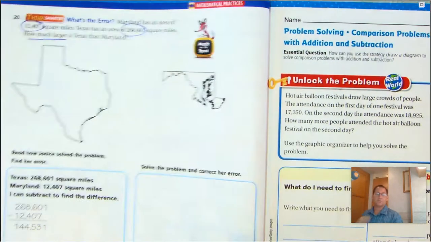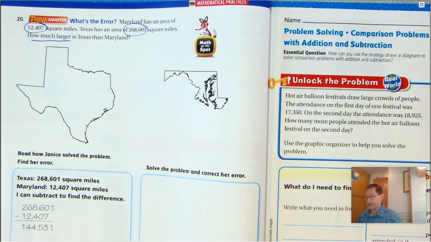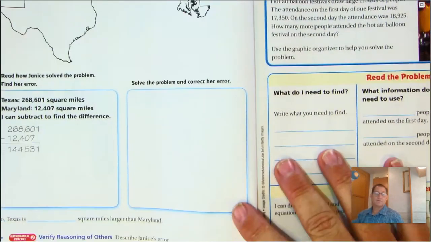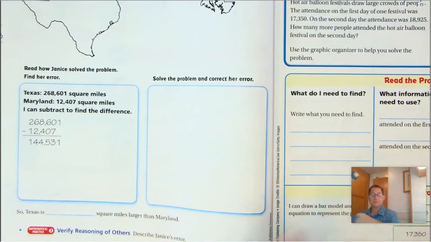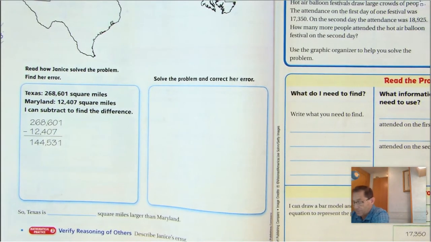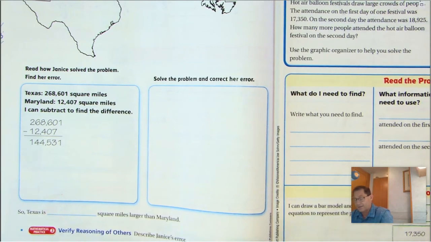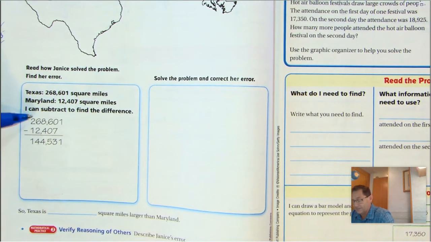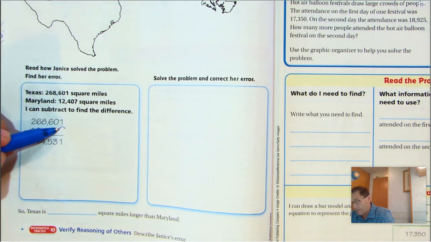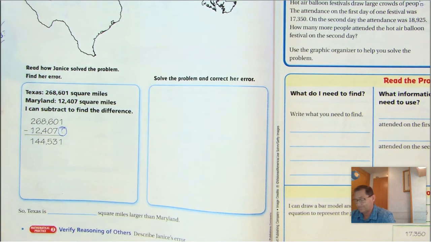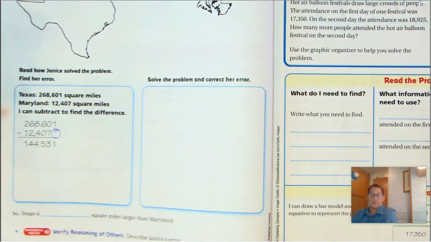Okay, how much larger is a clue that means we have to subtract. All right, so now it says this is what Janice did to solve the problem, and we have to find her error. So she started with 268,601. That's great. And then we got down to here. And where's that number?